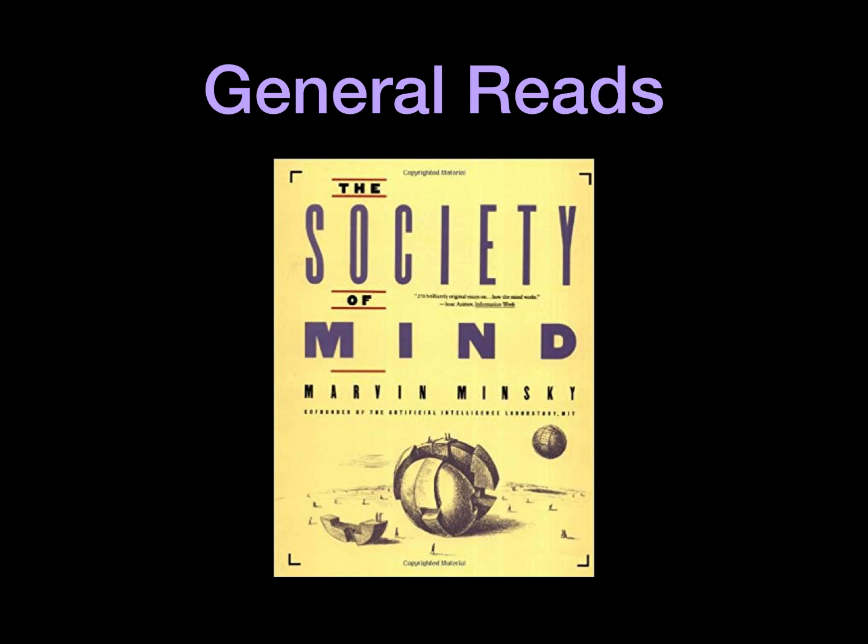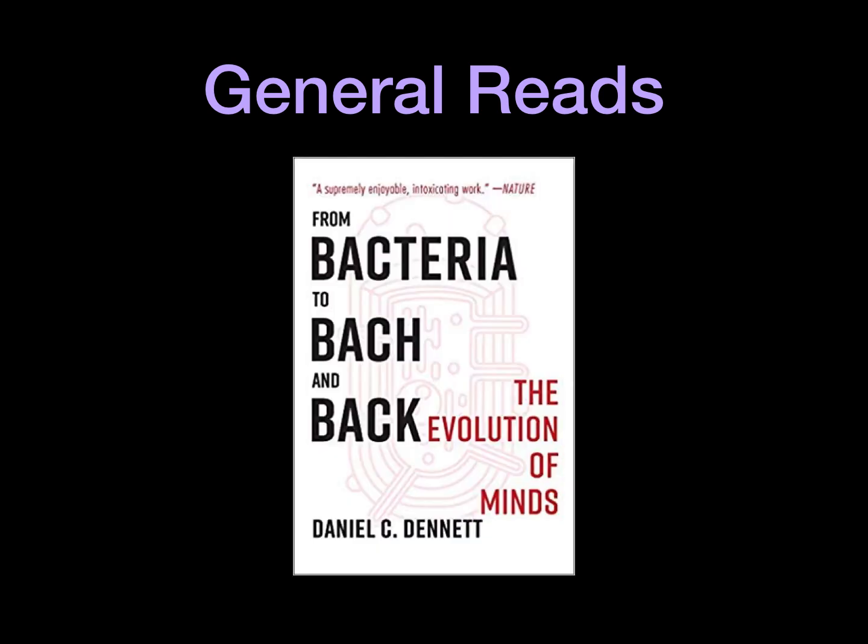And again, if you prefer a more modern view of the philosophy of artificial intelligence, I would highly recommend Dennett's recent book, From Bacteria to Bach and Back: The Evolution of Minds, which is an excellent book on the philosophy of the mind and artificial intelligence.